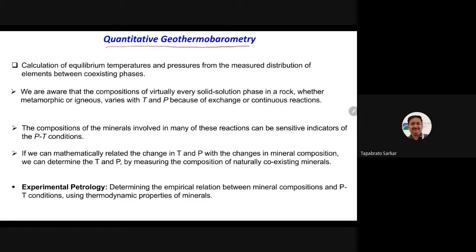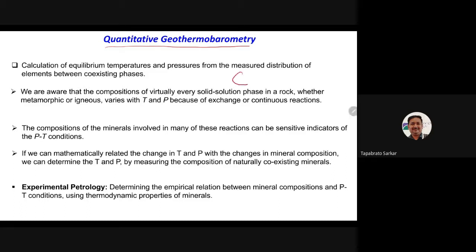So what is quantitative geothermobarometry? It is the calculation of equilibrium temperatures and pressures from the measured distribution of elements between coexisting phases. That is, for different mineral assemblages, we calculate the temperature and pressure at which they were in equilibrium with each other.